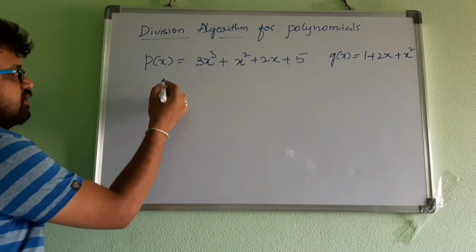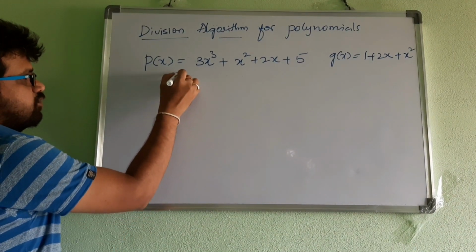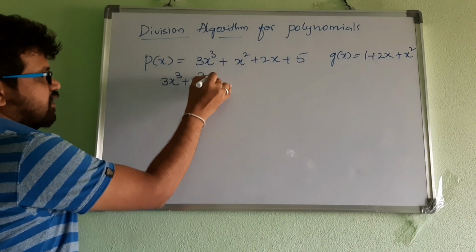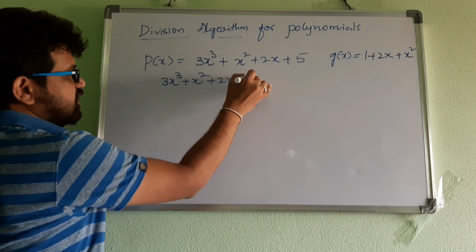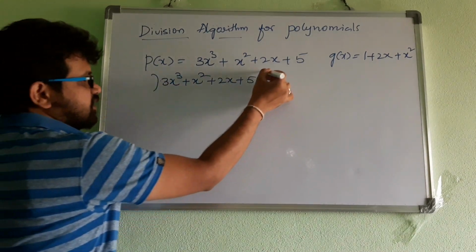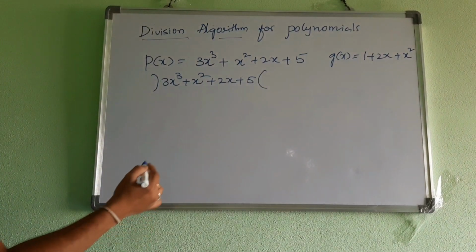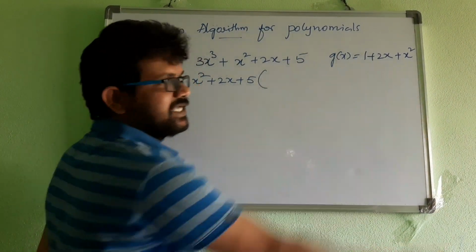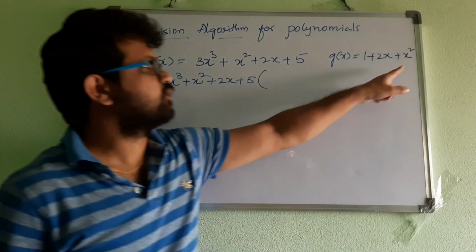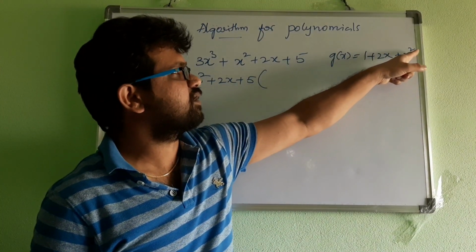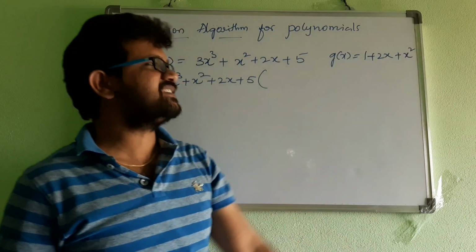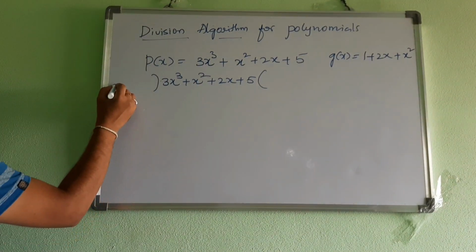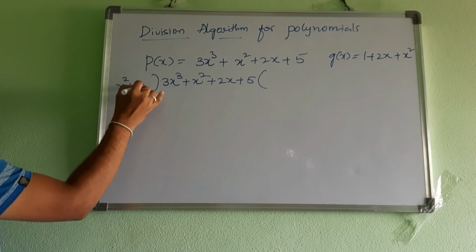How to divide? Follow the steps. g of x is 1 plus 2x plus x square, so write it in reverse order. Powers must be in decreasing order, so I am writing x square plus 2x plus 1.